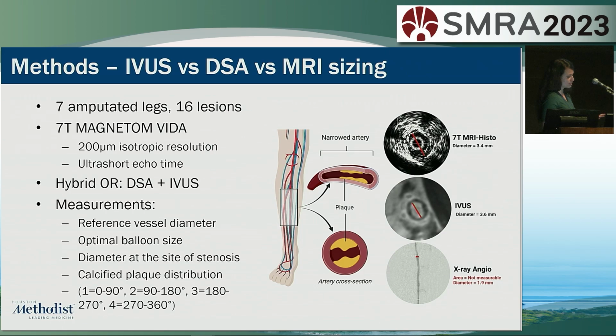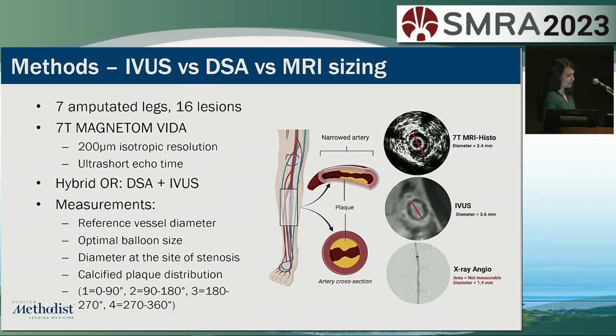In this current study, we focused on how MRI can tailor device sizing compared to the conventional device sizing methods such as IVUS and DSA. Vessel preparation for PVIs is an integral part of the procedural planning, allowing for optimal lumen gain, minimizing vascular trauma, and readying vessels for stent and drug delivery during PVI.